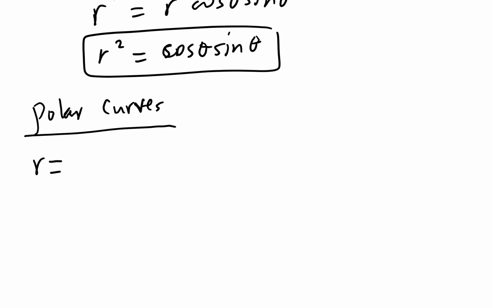If you are given r equals a constant, like r equals 2 or r equals 3, how is this going to look? So a is constant. Let's say you're graphing r equals 2. What is theta? Well, theta could be anything: 0, 1, 2, 3, 200, 250, 360. So every time you're graphing 2, you're going a different angle.